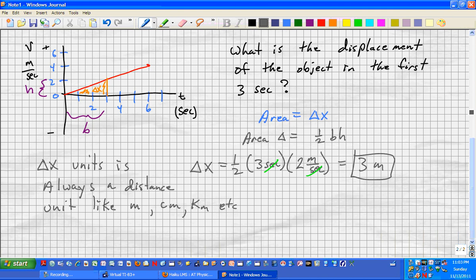It's going to be basically 1/2 times 6, which is 3 meters. Again, it's done the same way, just a different shape, just a different area.